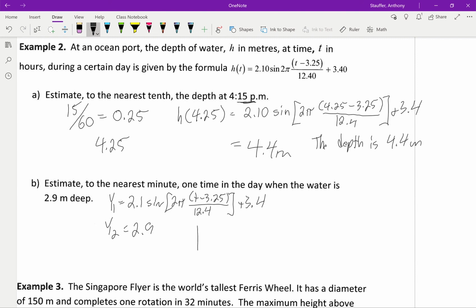So punching this into my calculator will give me a function that kind of resembles something like that. Sorry, my lines were a bit shaky right there. But we're looking for that point right there. And finding that, we get that it's at x equals about 2.8.